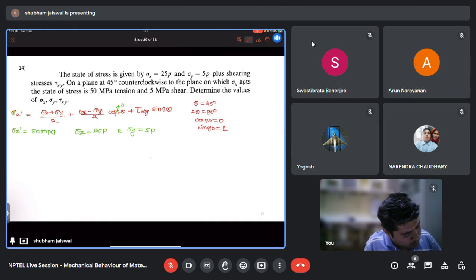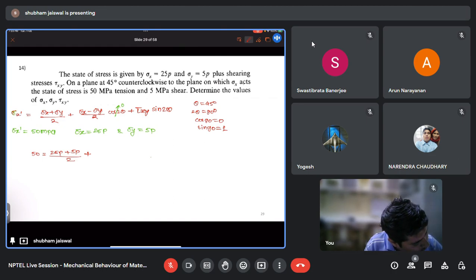So what we will do, we will keep 50 is equal to (25p plus 5p) by 2 plus tau xy.